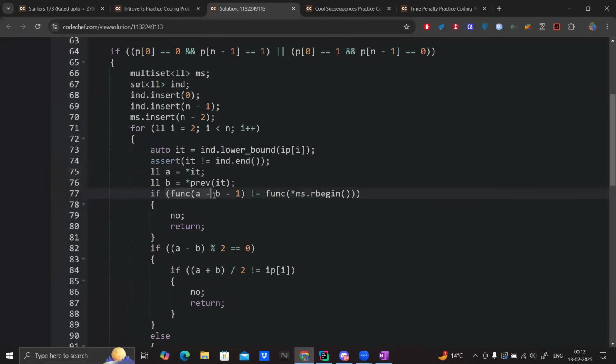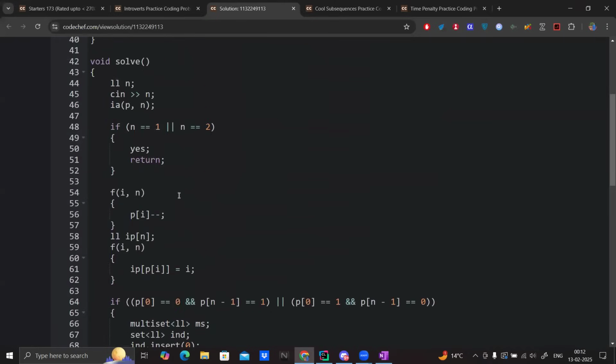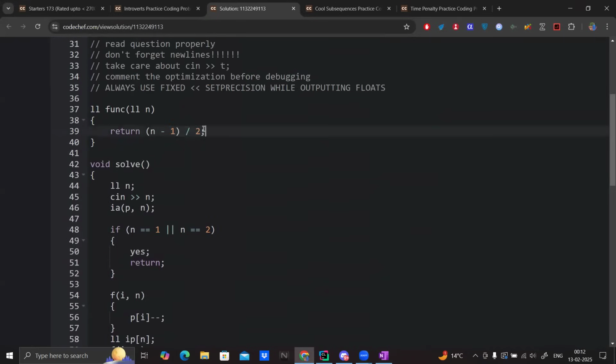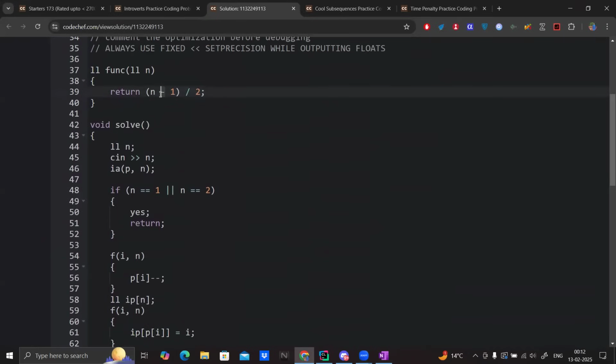If func(a - b - 1), this func is just x/2 ceiling, like I have defined it right here, return (n-1)/2. Actually this should be (n+1)/2, but it doesn't really matter because I am just checking inequalities.